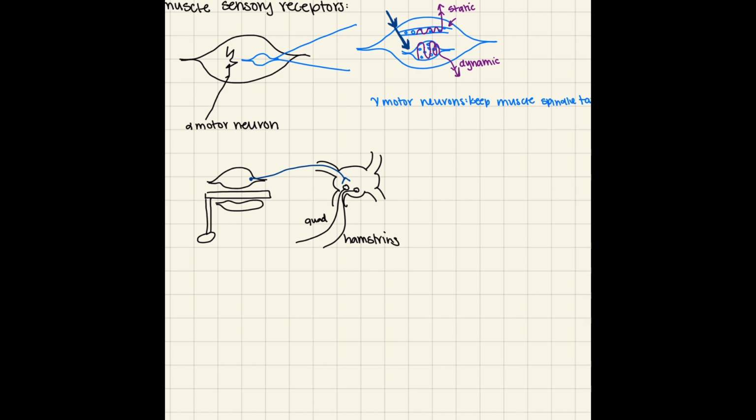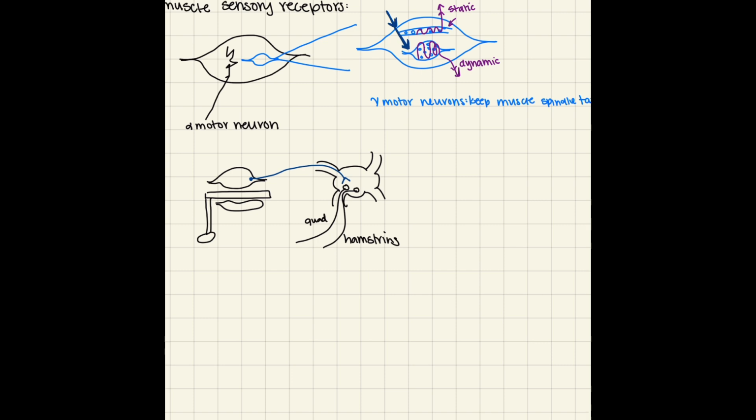The reason we have two motor neurons that this reflex sets off is because if we want to flex the quad to keep us from stretching too far, then we need to relax the hamstring. Otherwise, our leg isn't going to move anywhere. So the opposite muscle, we're going to have to relax it.